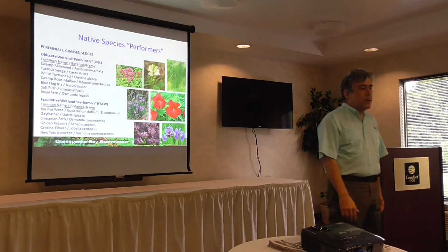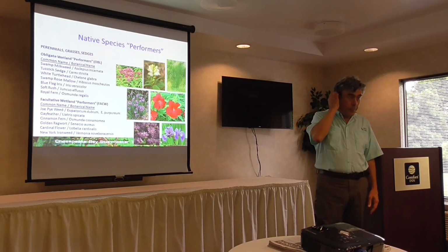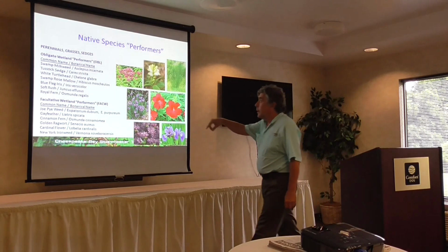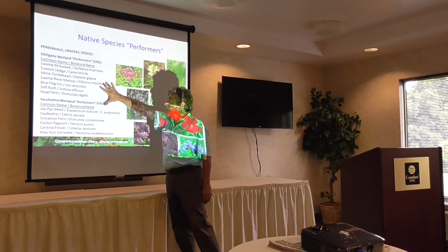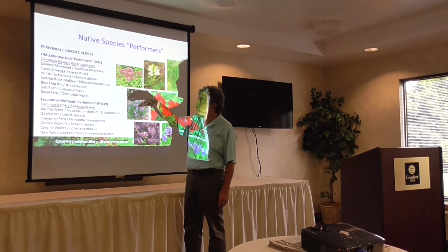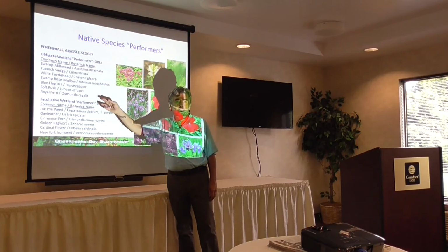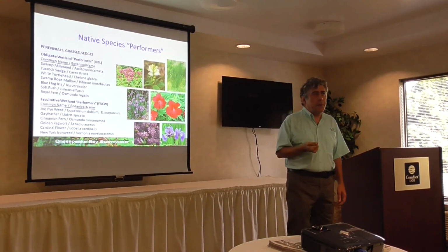But I did want to show some pretty photos. Here's the obligate wetlands. These are things like swamp milkweed, royal fern, soft rush. These are for if you know that you're going to have a very wet bioretention area.